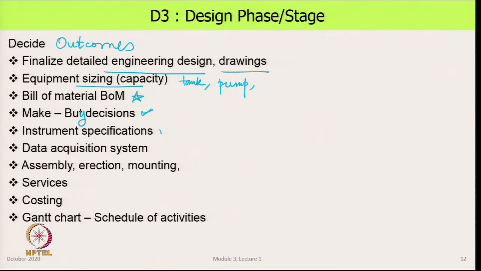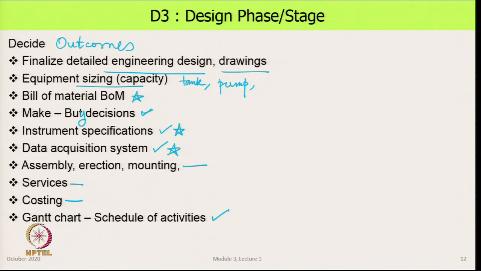Instrument specifications, this is the heart of it, what is it that we are going to measure. The data acquisition system, again this is the heart of our experiment of data collection. It also gives us a complete method for assembly, erection and mounting, how we will put everything together, what services we need in terms of electricity, power supply, air supply, all of that, the costing and the schedule of activities.